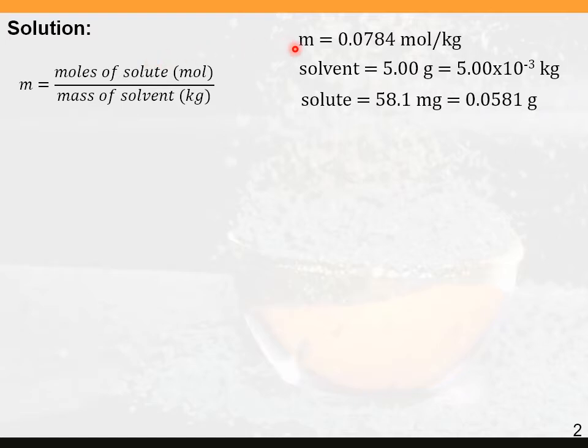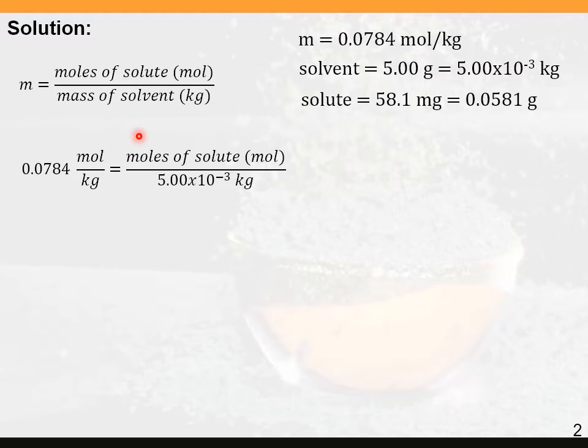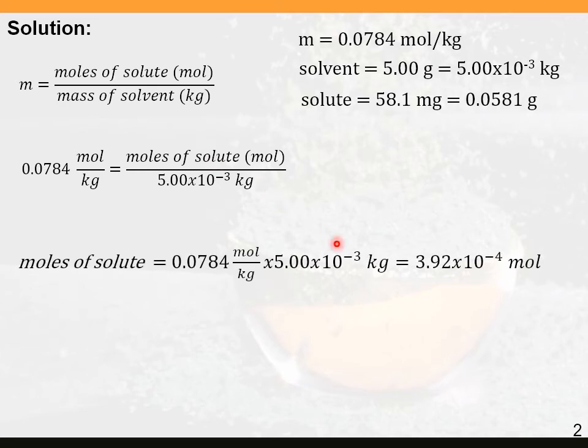The given molality is 0.0784 molal, or moles per kilogram. The solvent is given to be 5 grams. Of course, we have to convert that to kilograms because in the molality expression, mass of solvent must be in kilograms. Therefore, at this point, after plugging in the given values, we can calculate the moles of solute from this equation, which is 3.92 times 10 to the negative 4 moles.